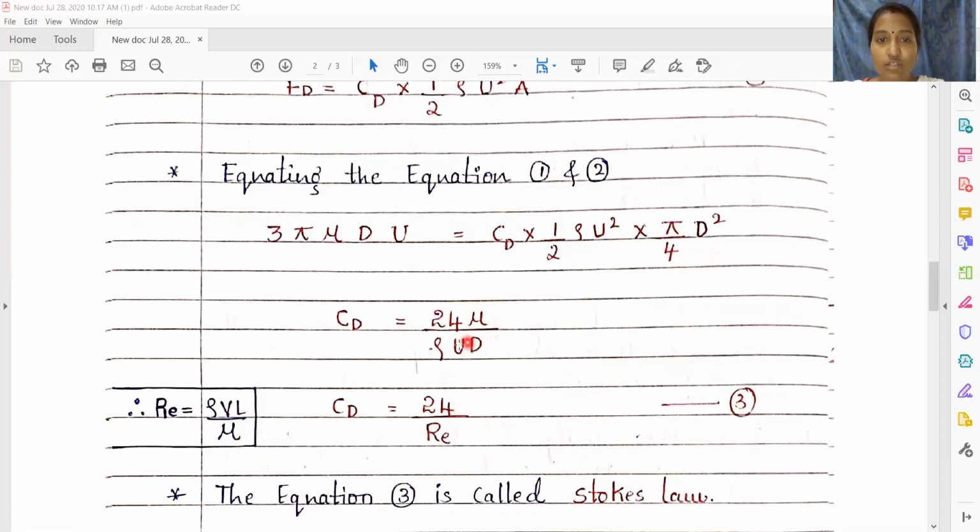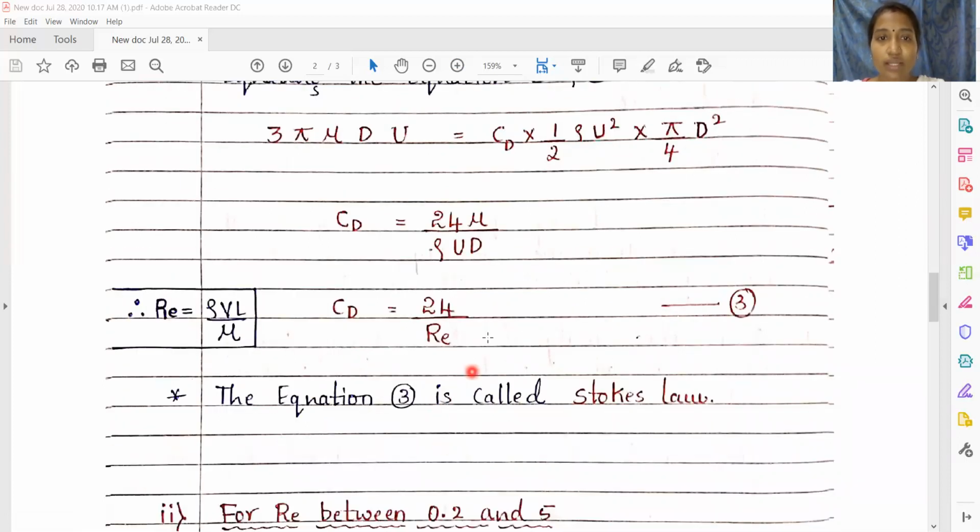Here we are considering velocity as u, and this is a dimensional quantity that you can write the same as it is. In the Reynolds number we have taken length, and here we have taken d. So mu by rho u d, you can write as Re here.